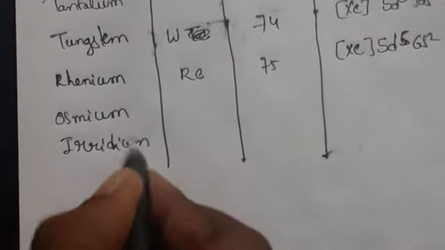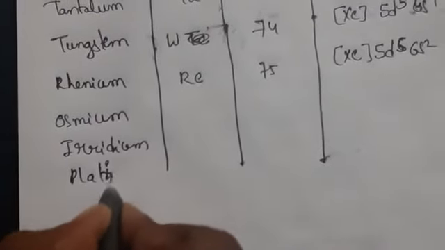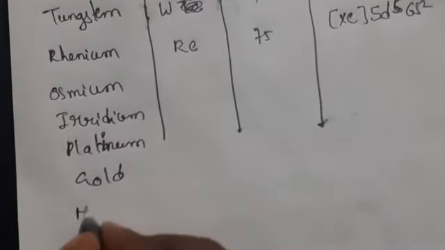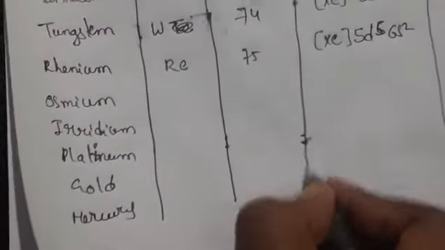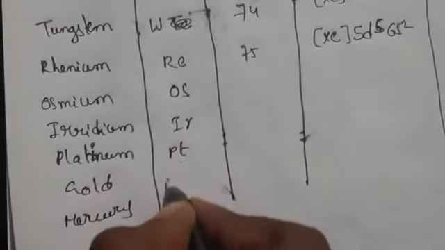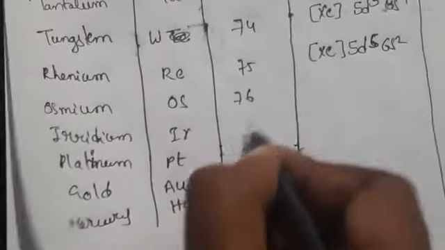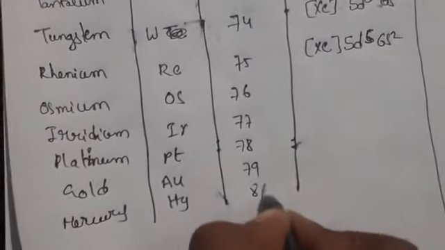Iridium, platinum, gold, mercury. So the symbols are Os, Ir, Pt, Au, Hg. The atomic numbers are 76, 77, 78, 79, 80.